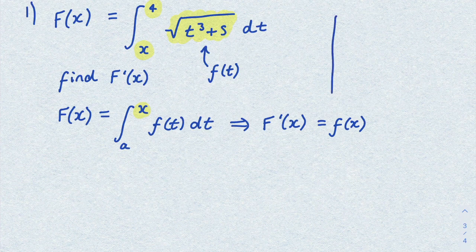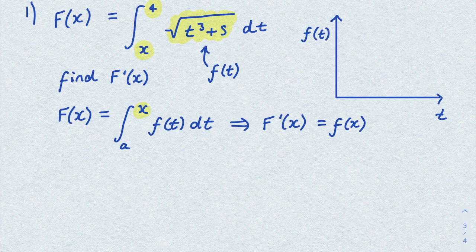And remember, if I draw this function, where this is my t-axis and this is my f of t-axis, I don't really care what the function looks like. Let's say it looks something like this, and we've got a value of x here, because the integral shows that x is smaller than 4, and then we've got a value of 4 here.